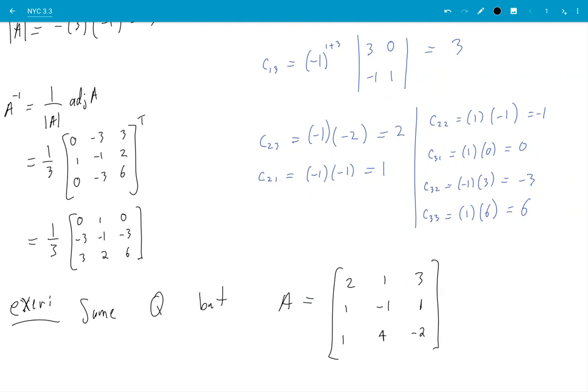Okay, pause, copy, try to find the inverse using the formula given here. Pause, copy, try. And when we come back, I will reveal the answer.